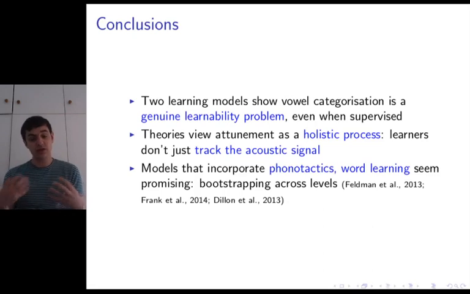Really, attunement is this holistic process, and it's not just the case that learners are tracking only the acoustic signal that they hear. Models that take this kind of view of incorporating phonotactics or word learning seem to be promising, and the idea that we can have bootstrapping across different levels of linguistic structure is an extremely useful one, and one that model work is building towards in the current literature.